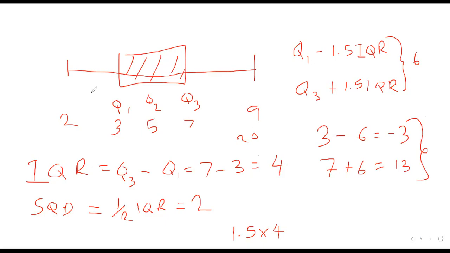So here we can stretch down to -3. Here we can stretch up to 13. Any numbers outside there will be called outliers. Sometimes the examiner would want you to identify outliers in the list of figures you have been given. So you can only find outliers by adding what is called this correction term, 1.5 times the interquartile range.